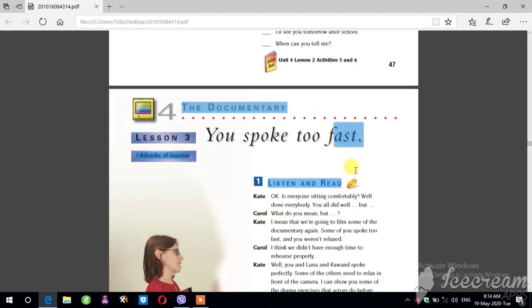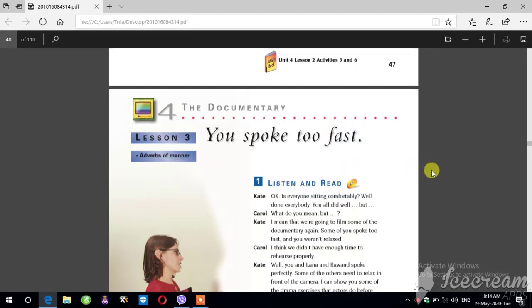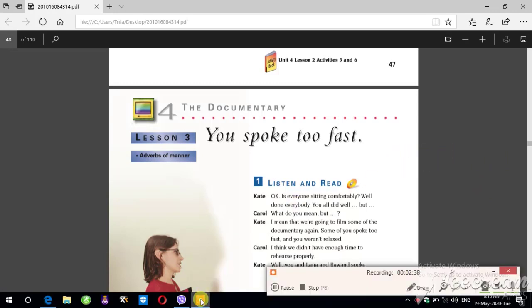From this page, we have to study for the second course till the end of the page of Unit 5. Please don't forget, students, you have to review all of them.